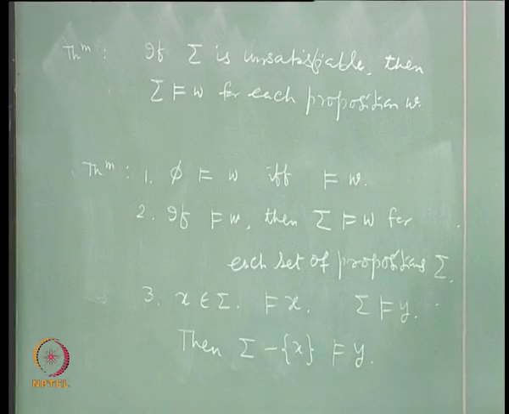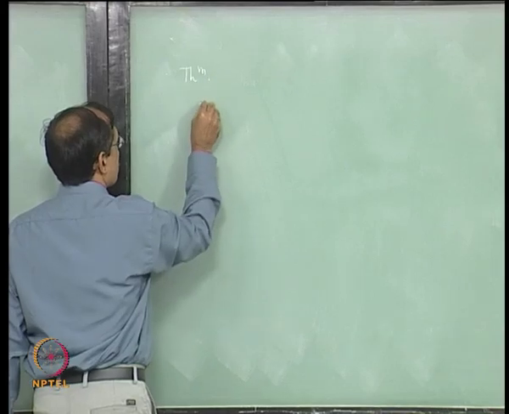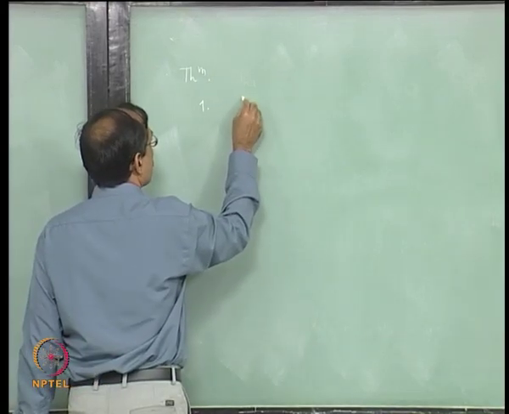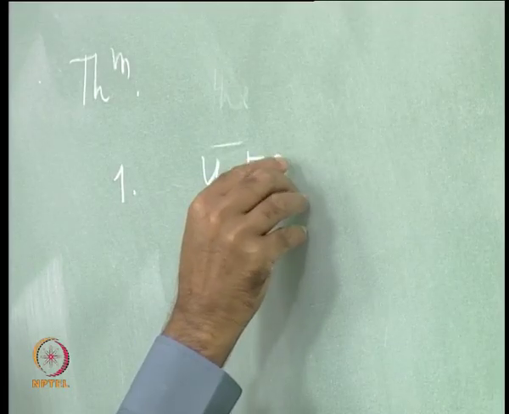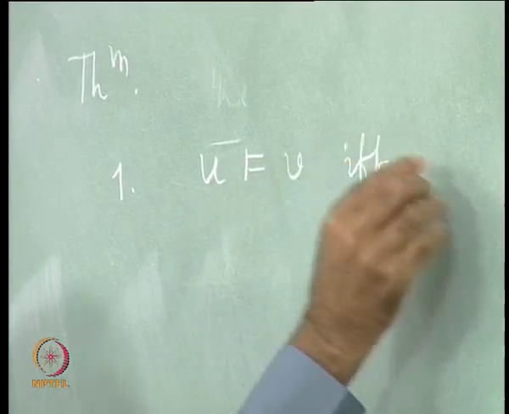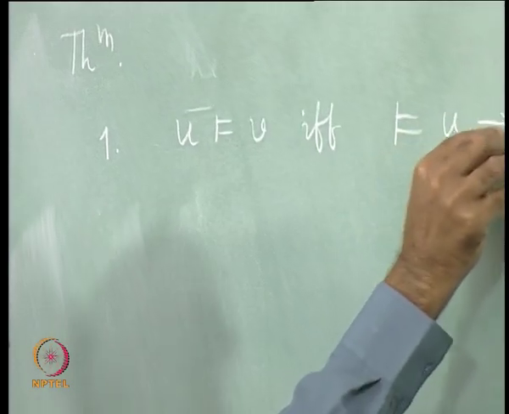See, what I propose is this. I take u entails v if u implies v is valid.